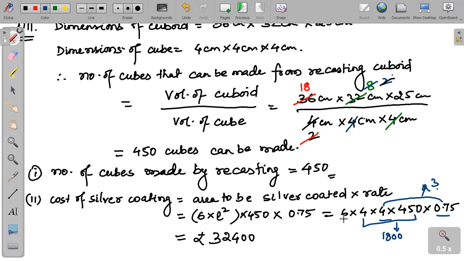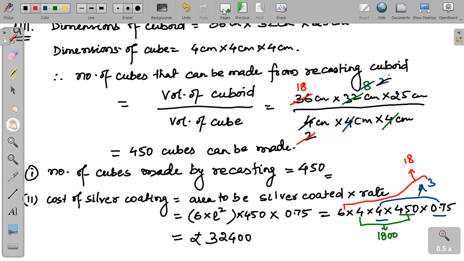Now 3 into 6 is 18. 18 into 1800 is 18 square is 3240, so it will be 32400. That is our answer.